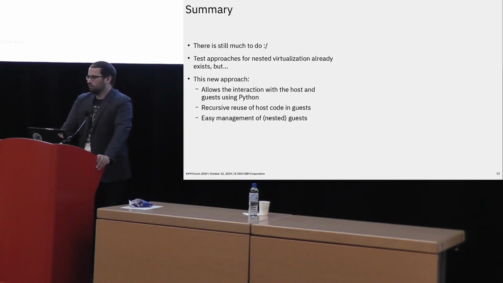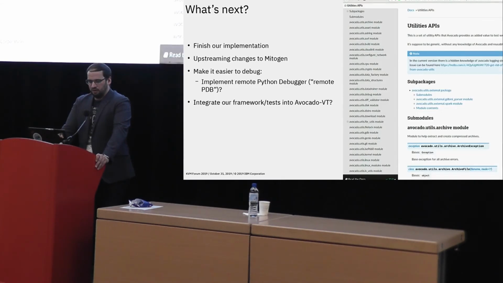Okay, so let me summarize that. There's still much to do. Test approaches for nested virtualization already exist, but this new approach allows the interaction of the host, guest, and guest using Python. You can recursively reuse host code in guests, and it allows an easy management of nested guests. What's next?